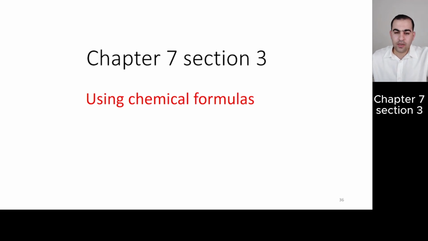Here, we're going to use chemical formulas to find the molar masses and especially to know the amount of a substance in a chemical reaction. Later you will understand the importance of chemical formula. So in this section we're going to use chemical formulas for many concepts in chemistry.